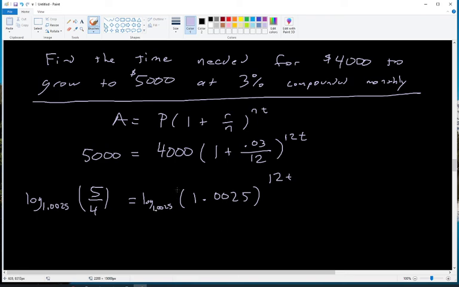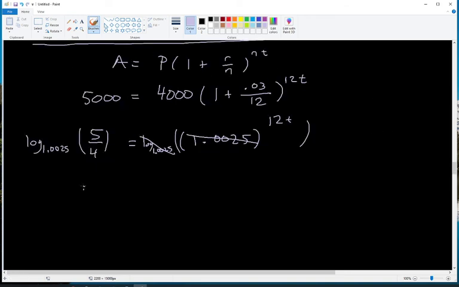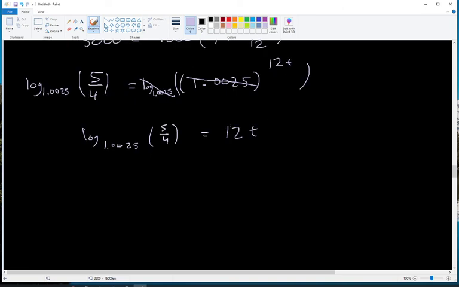And when I do that, the logarithm base 1.0025 undoes the exponential base 1.0025, and we get log base 1.0025 of 5/4 equals 12 times t. So to solve this, we just need to divide the 12 across.